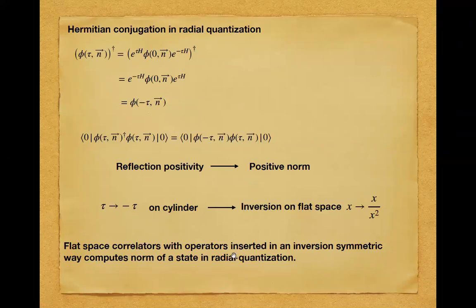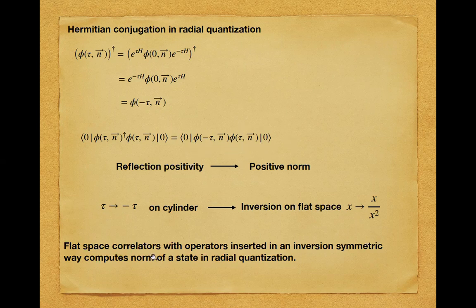So therefore, the statement would be that flat space correlators with operators inserted in an inversion symmetric way compute the norm of the state in the radial quantization, right? Because we just saw that tau goes to minus tau under that. So if we symmetrically insert operators in time, then that computes the norm of a state.